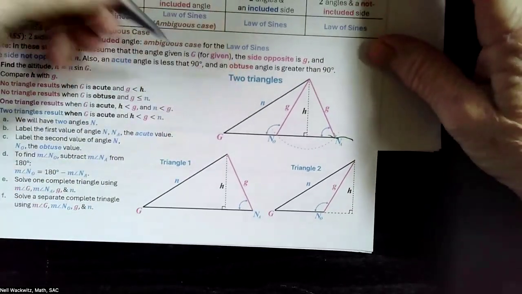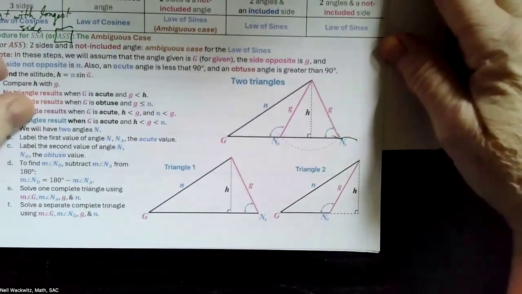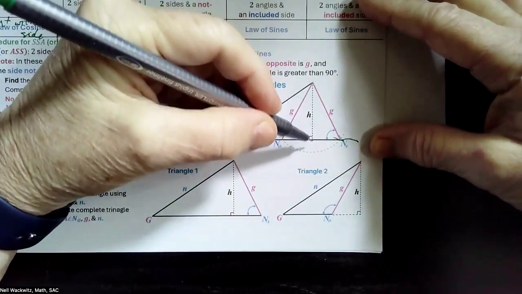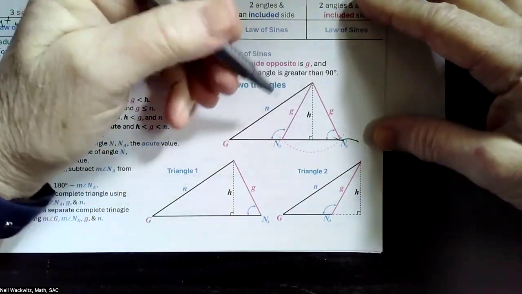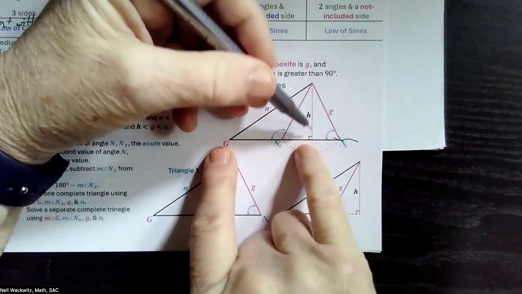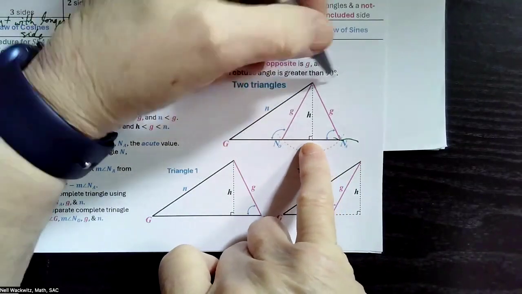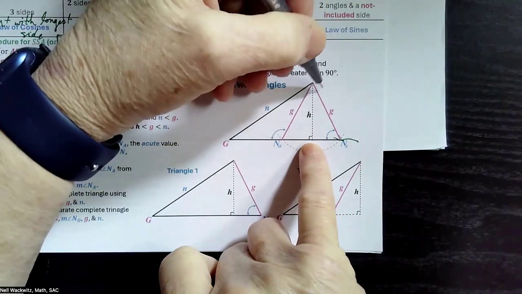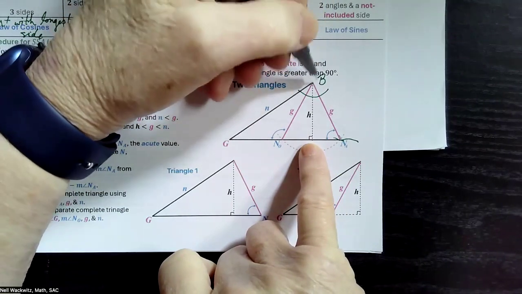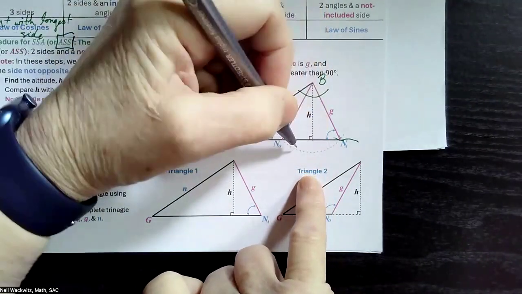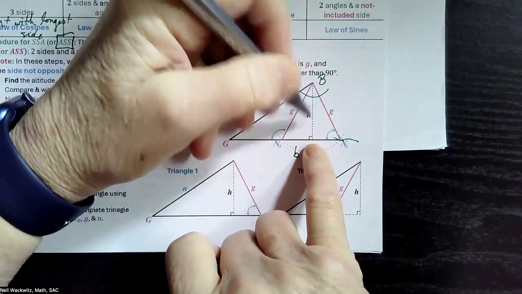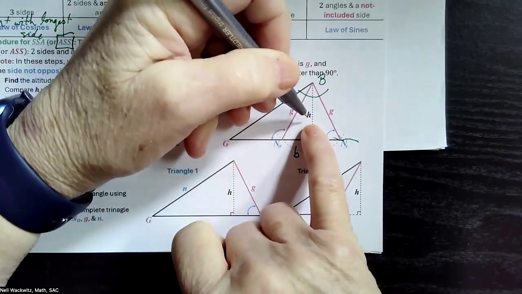So here is where we're going to talk about the altitude again. The altitude is the height of a triangle. It's determined by dropping a line from an angle, so we can think of this as angle B, down to the opposite side. So this would be side B. This is called the altitude.